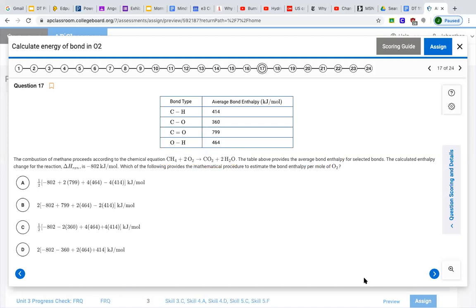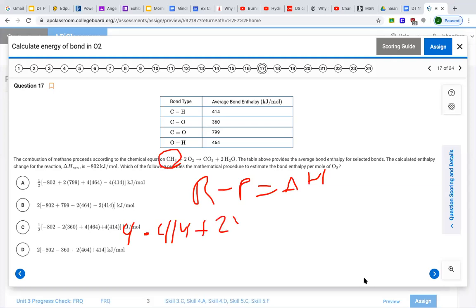If you go reactants minus products equals delta H, the reactants are 414, but you've got 4 of those bonds, four carbon-hydrogen bonds because it's CH4. And you've got 2 of these oxygen-oxygen double bonds, which you don't know. So that one plus 2x, we don't know what that is, right?